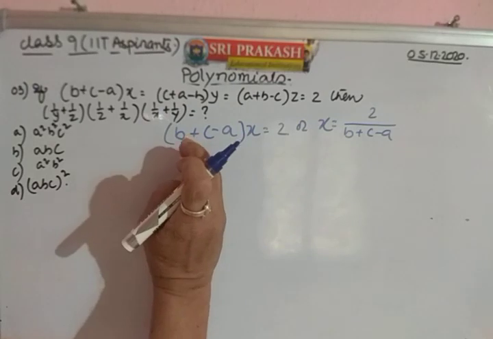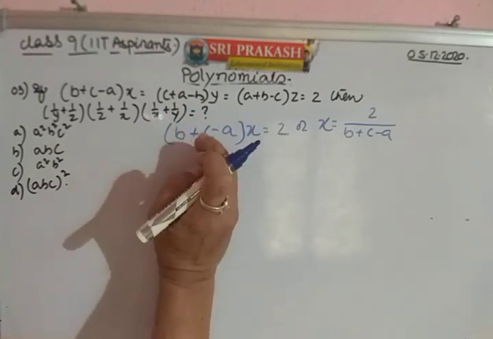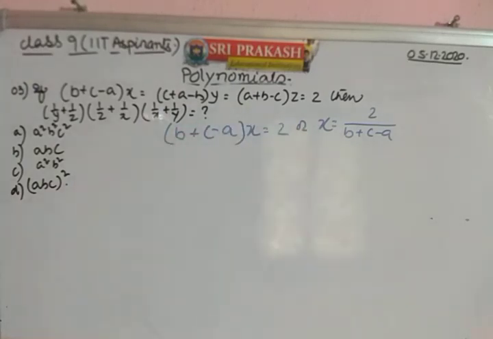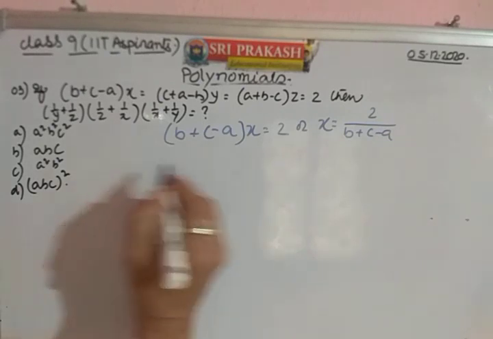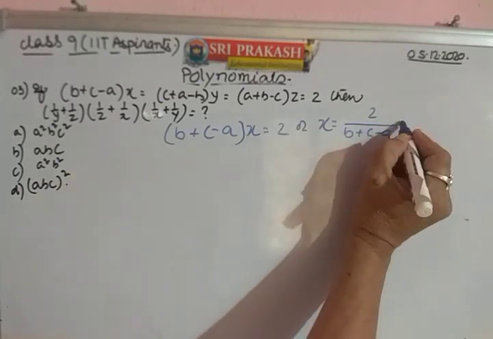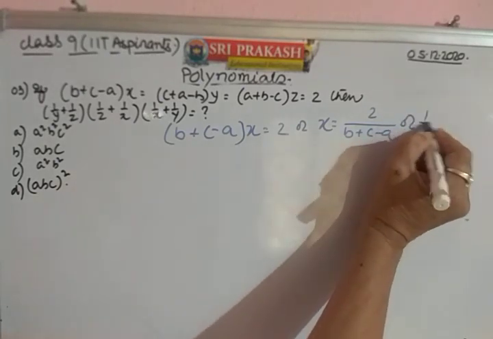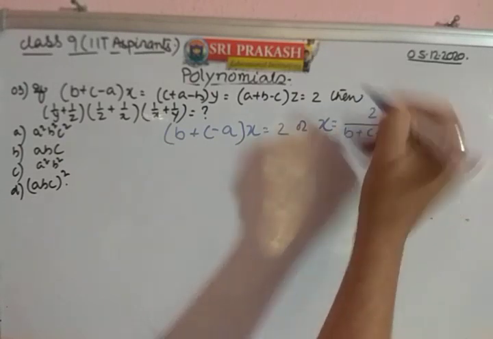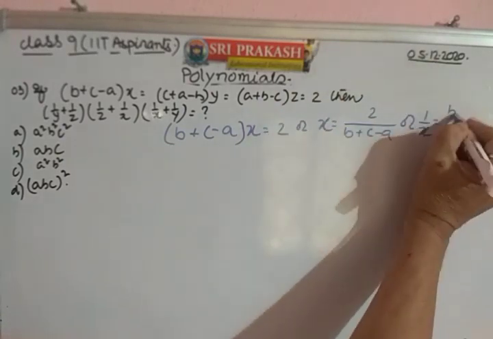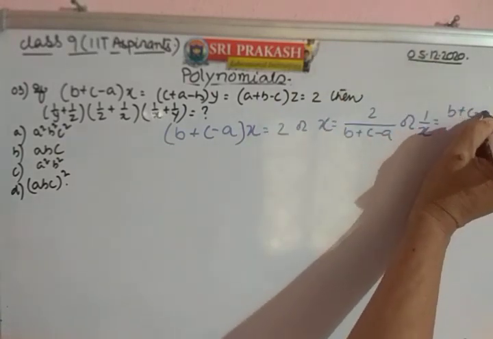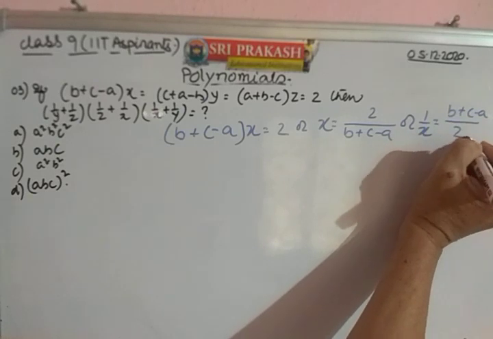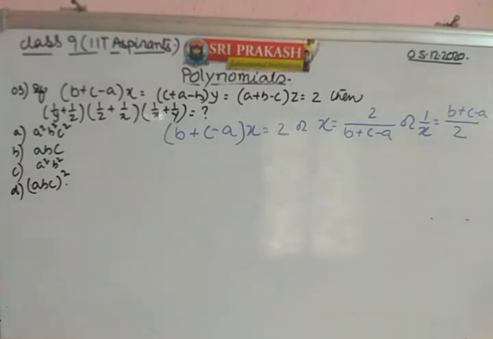What we did? We transferred b plus c minus a to the other side. Then what would be the value of 1 by x? Just we reverse this, b plus c minus a by 2.